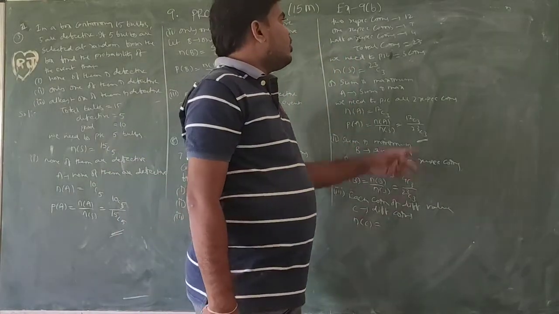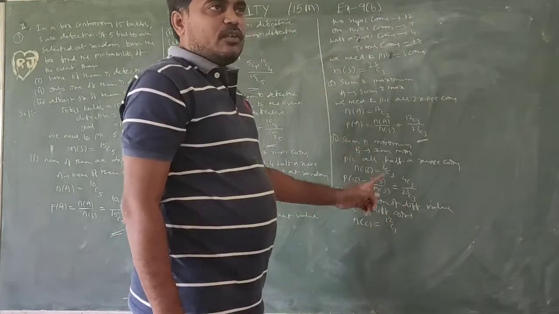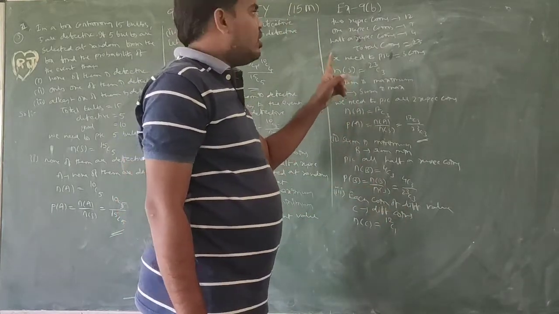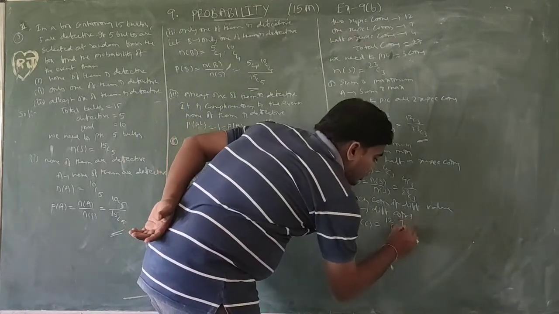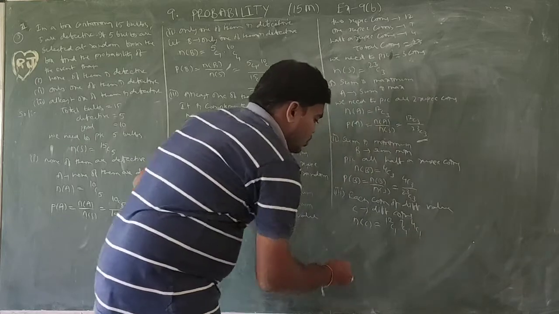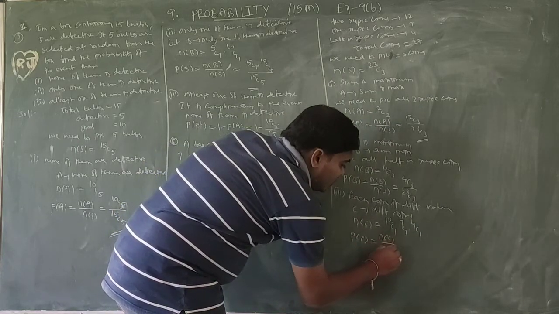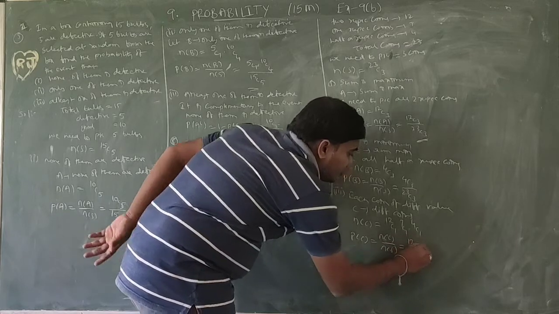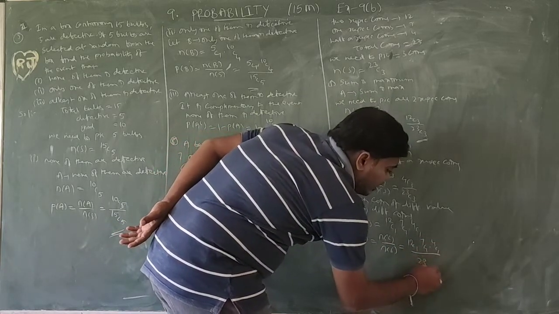How many 2 rupees? 12. So 12C1 into, we are picking 2 rupees, next 1 rupee 7C1, 4C1. So P(C) equal to n(C) by n(S), equal to 12C1 7C1 4C1 by 23C3.